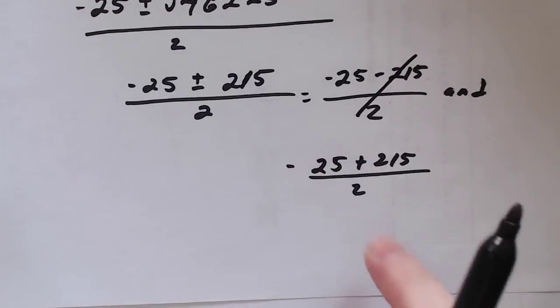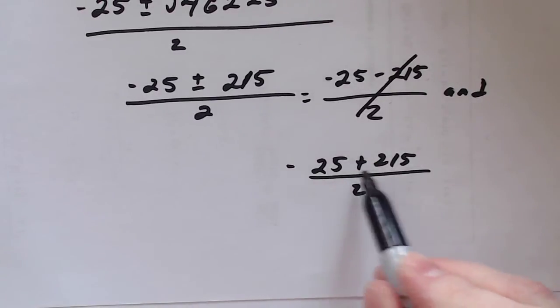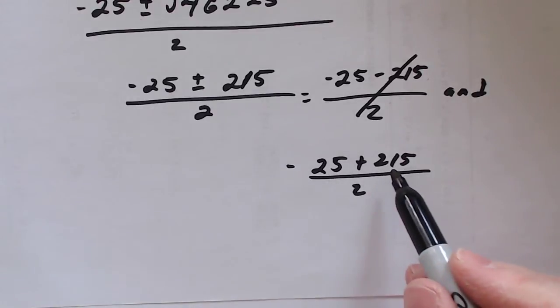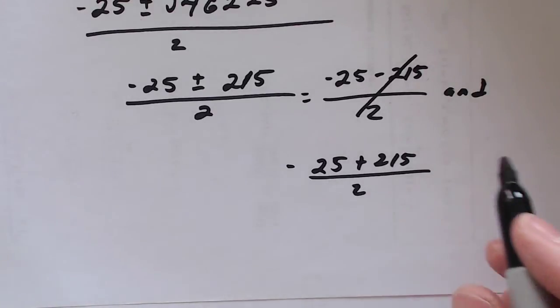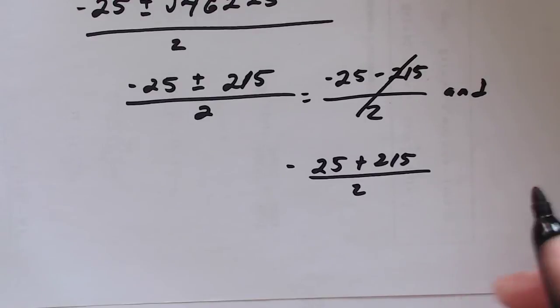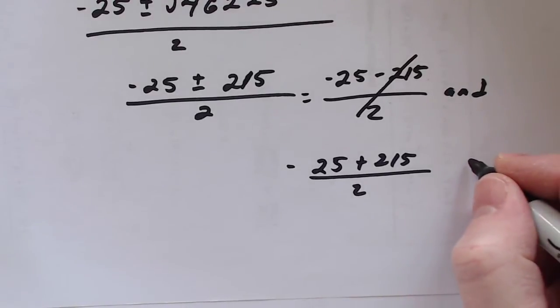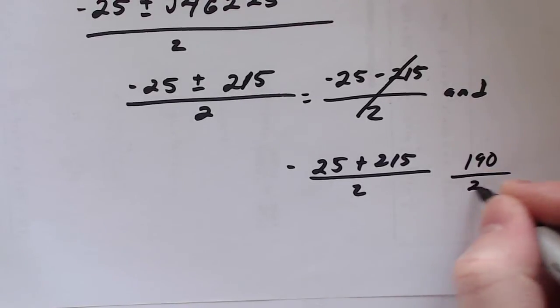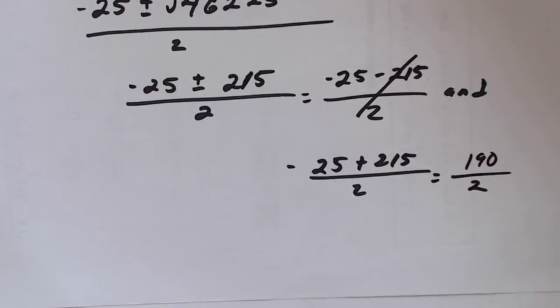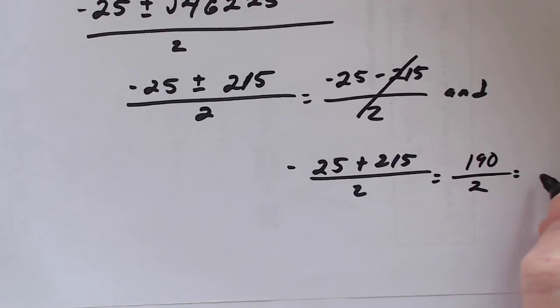So really I don't have to focus on this one because negative 25 plus 215, well, that's going to be a positive 190 over 2, and then 190 over 2 is 95.